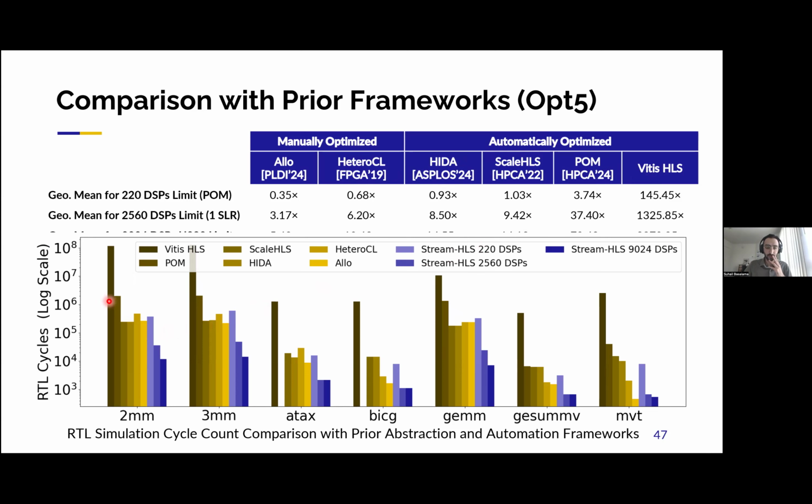So we can see that, and this is the latency in cycles in log scale, we almost always have better performance than all prior works, thanks to the overlapping between the nodes and the maximization of the distribution of the computation resources equally between nodes of different computational intensity.